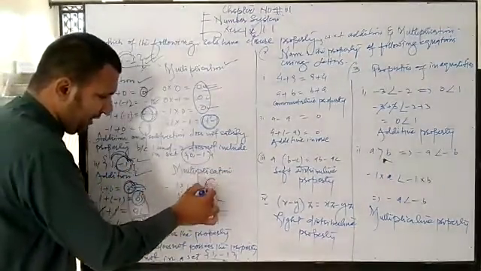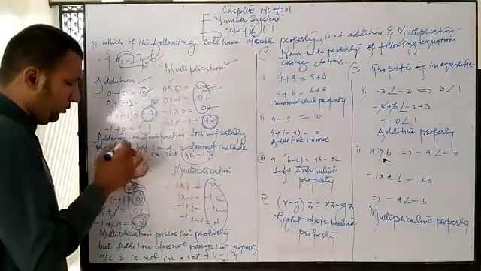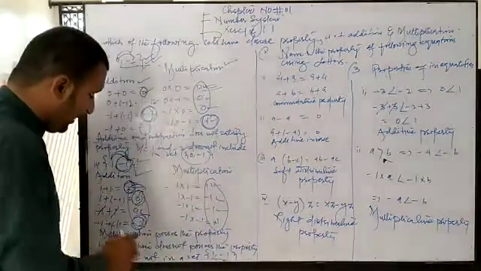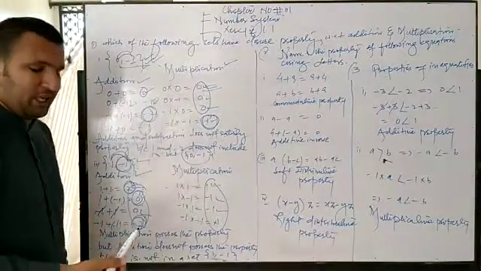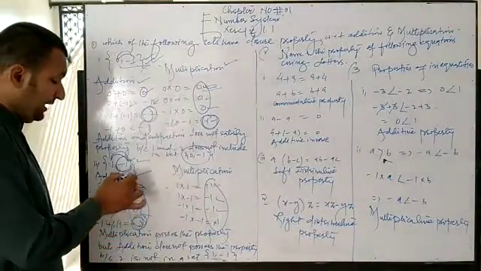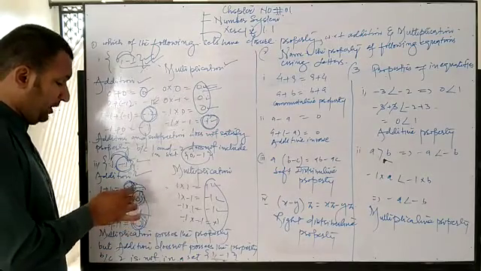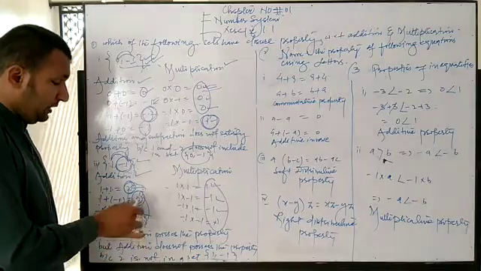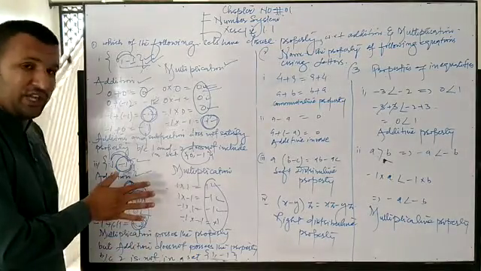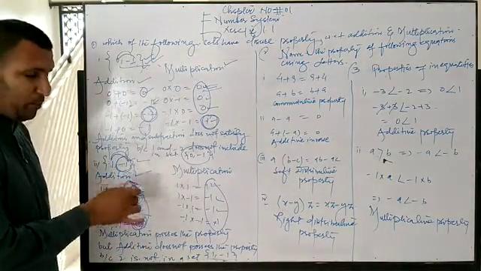In multiplication, 1 and minus 1 are included in the set {1, -1}, so multiplication possesses the property but addition does not, because the addition values 2, 0, minus 2 are not included in the set {1, -1}.